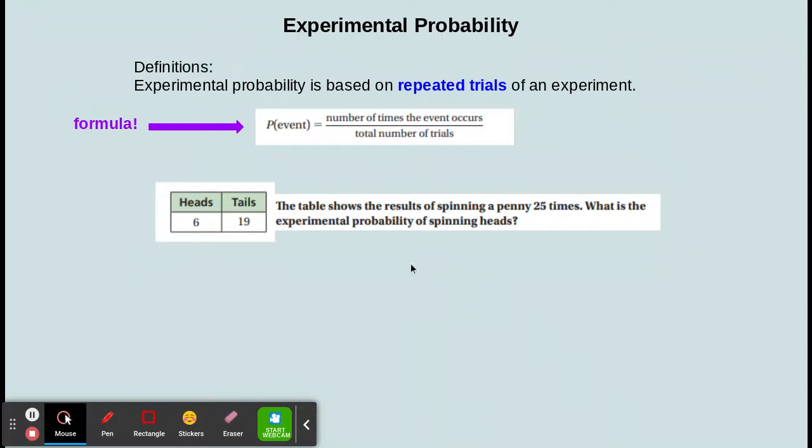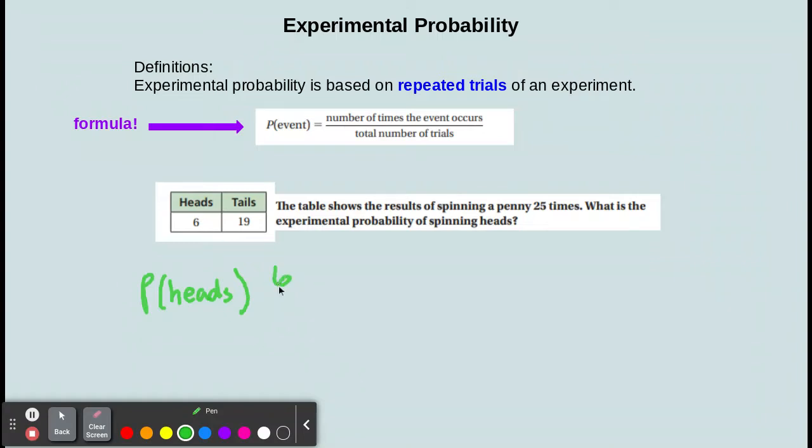So, for instance, in this experiment, we flipped a coin 25 times and recorded how many times we got heads and how many times we got tails. If we want to calculate the experimental probability of flipping a head, the probability of heads is the number of times the event occurs.